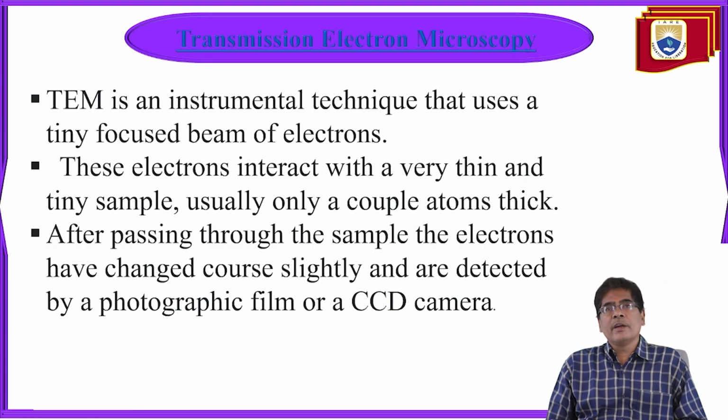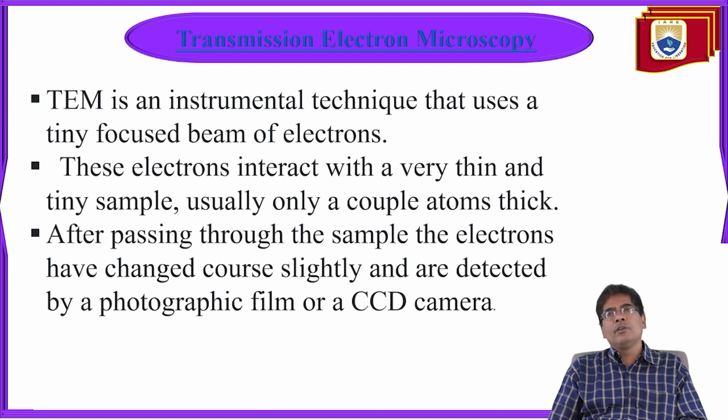Transmission electron microscopy is an instrumental technique that uses a tiny focused beam of electrons. These electrons interact with a very thin and tiny sample, usually only a couple of atoms thick.